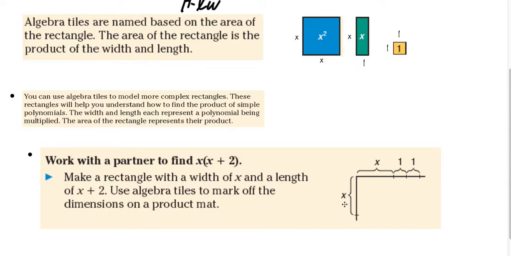If you multiply x times x, we will have an area of x squared. So we'll get our x squared tile and put it right there. And x times 1 will give us an x tile, so we'll get an x tile and put it there. Another one, x times 1 again is x.